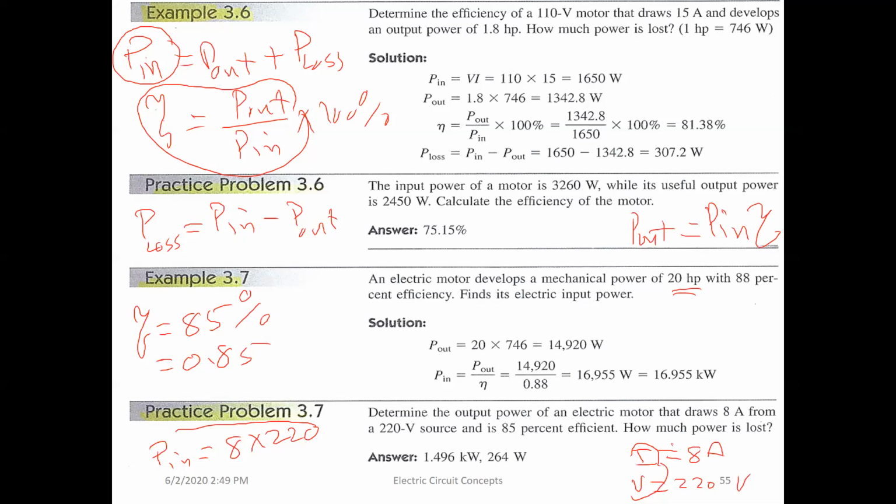So Pin is 8 times 220 multiplied by the efficiency, which is 0.85. Okay, so this is a hint of how to solve the practice problem of 3.7.